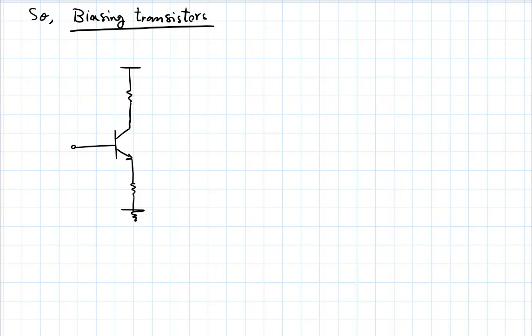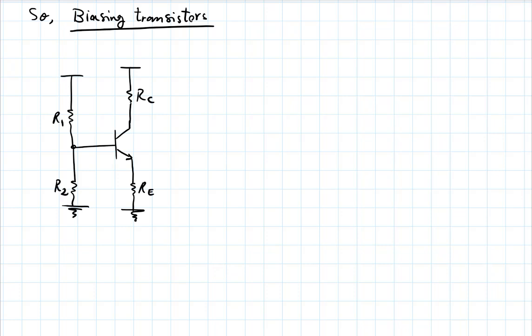You wanted to give it a fixed input voltage. Well, here's one way. And these are not necessarily equal, right? So this could be an emitter resistor, a collector one. Here, call this R1 and R2.